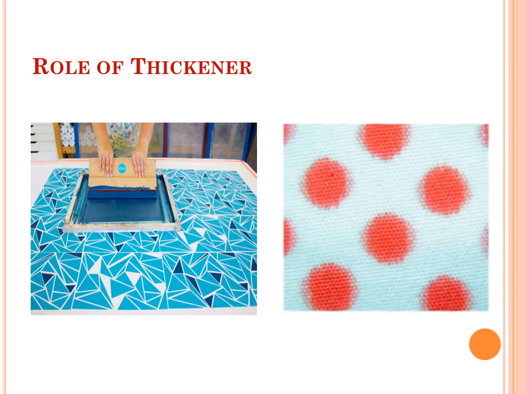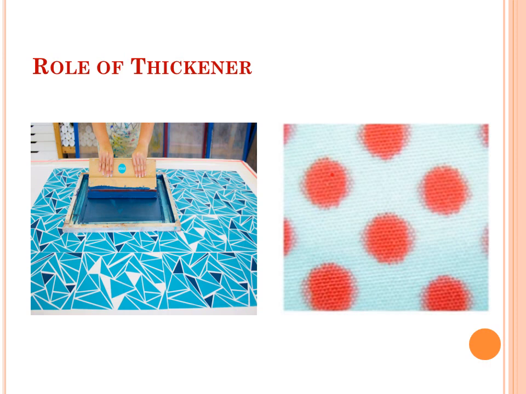So the first role of thickener is it has to provide appropriate viscosity to the printing paste. Second role of thickener is it has to hold the dye particle at printed portion, avoid its spreading by capillary action beyond the boundaries till its fixation is complete. So these two roles are played by thickener in the first case.